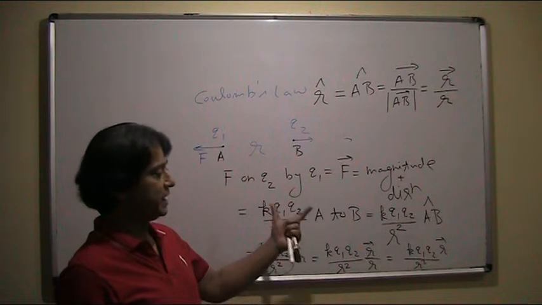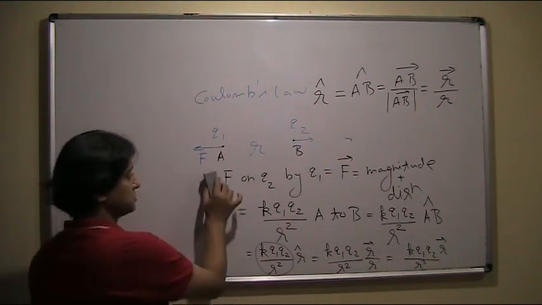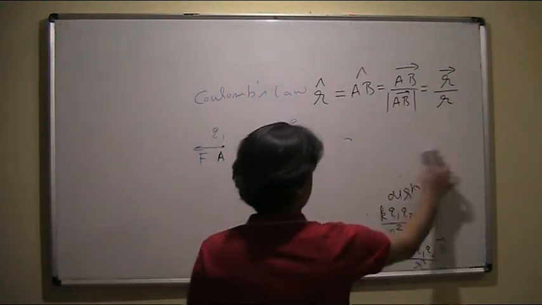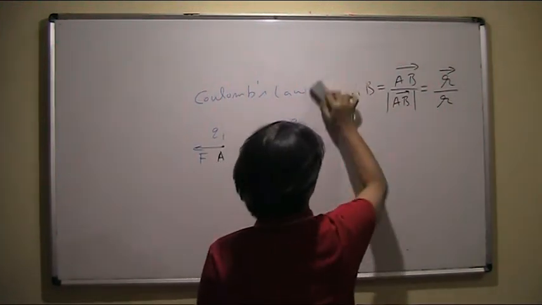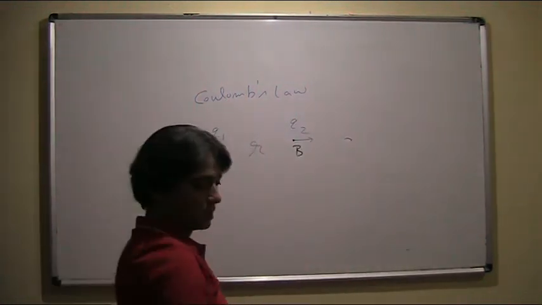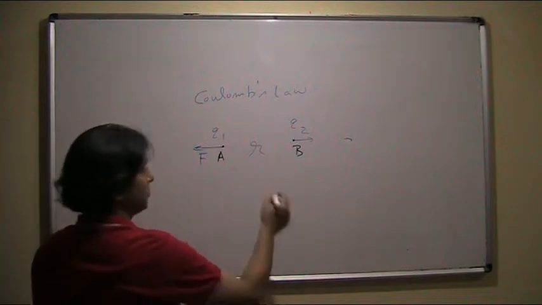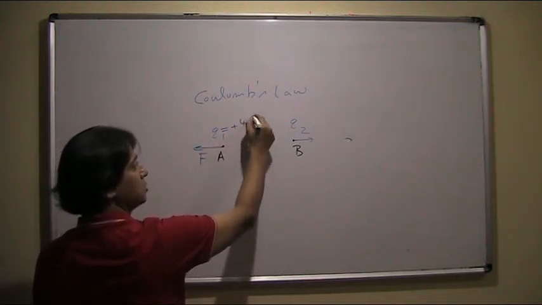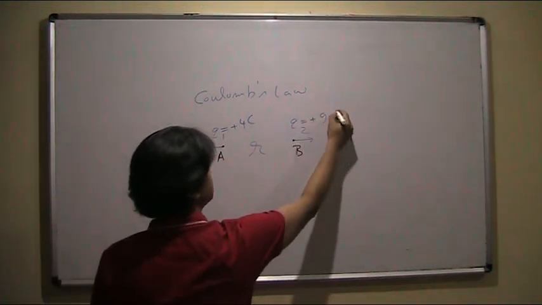Now let's see how we can take advantage of this vector form. Suppose Q1 is plus 4 coulombs and Q2 is plus 9 coulombs.